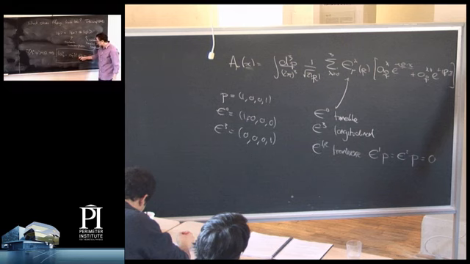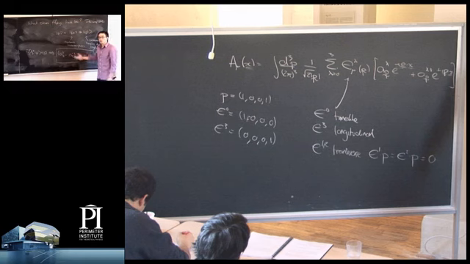If this state contains no time-like photon of momentum p, this operator annihilates it on its own. And the same holds for the other operator if it contains no longitudinal photon of momentum p. But it also says that if this state does have a time-like photon of momentum p, it had better also have a longitudinal photon of momentum p, so this term can cancel this term once they annihilate.